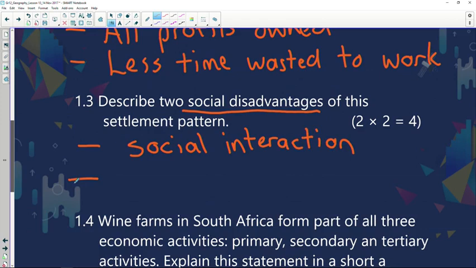Another reason that we can mention over here, we can't share any ideas. So to get social interaction, you need to travel quite a bit, because the only people that are working on an isolated farmstead is you yourself, your family, and the workers on it.